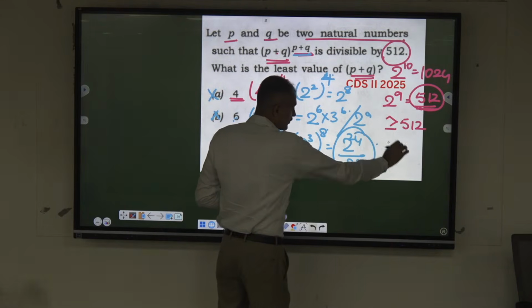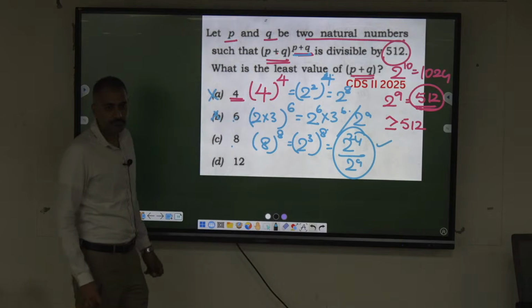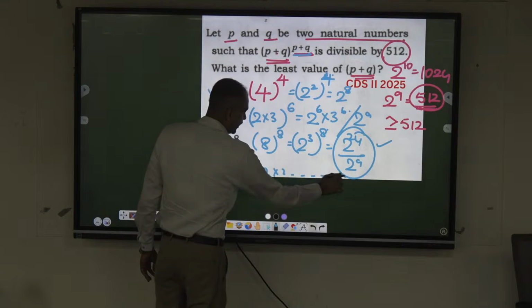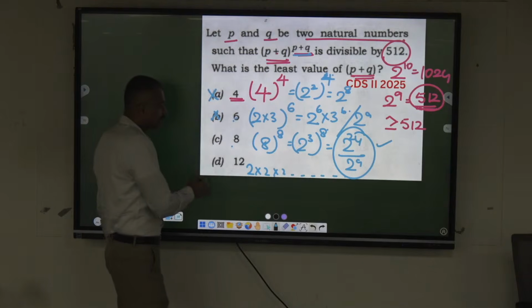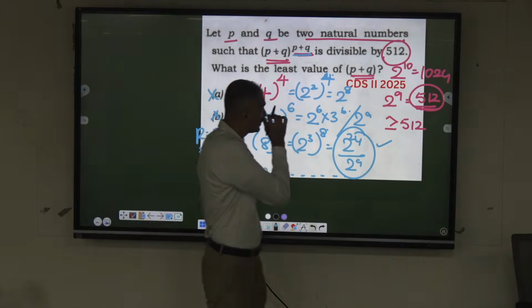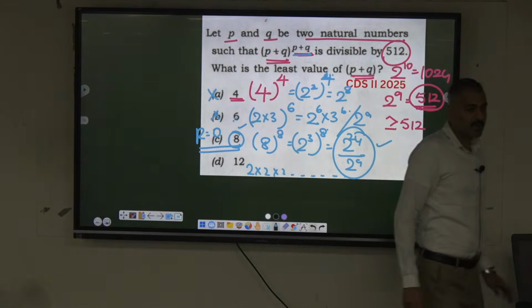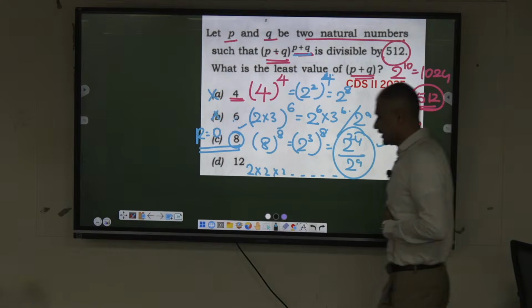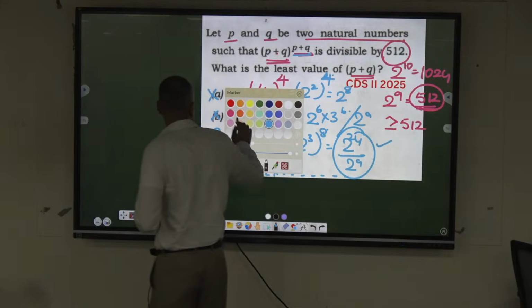Yes. If I take 2 into 2 into 2, how many 2s? 24, 12, 9 2s are there. So what is the remainder? 0. Hence 8. Okay, 24 2s divided by 9 2s. It's divided. Remainder is 0.